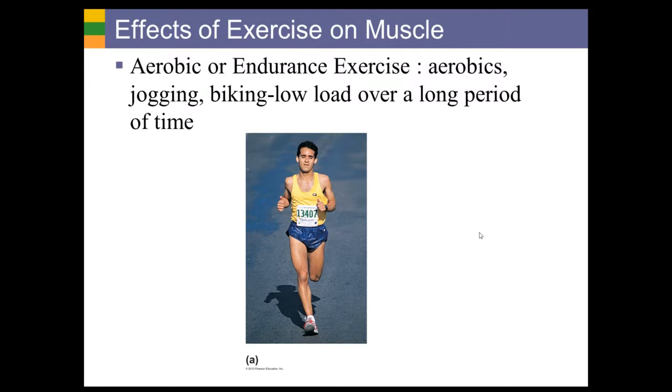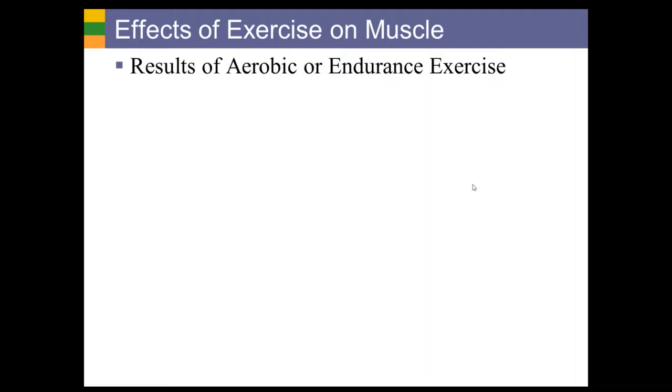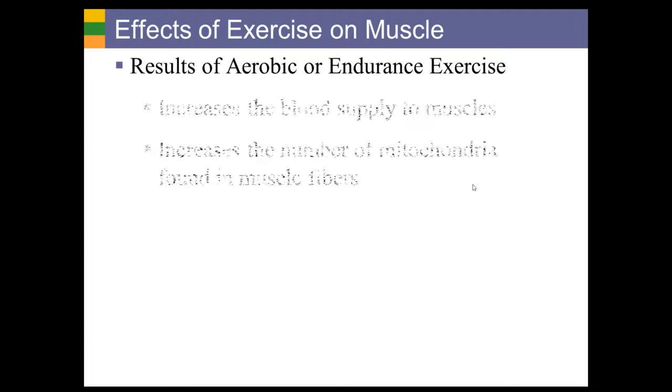So how are your muscle cells, or how is the body in general, changing to more efficiently produce ATP? In other words, what's the effect of these aerobic and endurance exercises on your muscles? Well, if the issue is there's a limit to how much ATP your muscle cells can produce aerobically, they're going to make some changes so they can produce more.